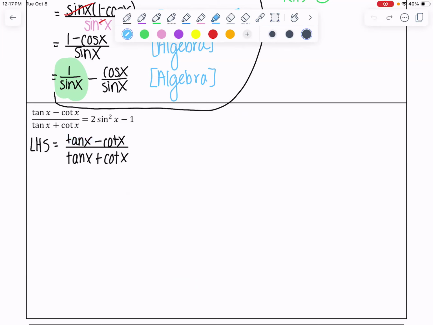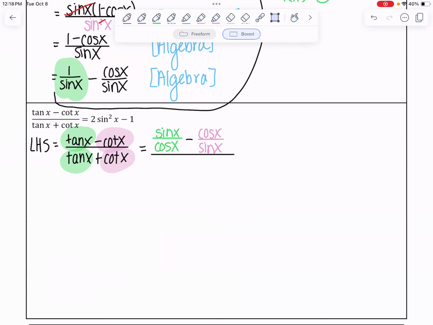So these tangents will turn into sine over cosine. These are cosine over sine. So we have sine x divided by cosine x minus cosine x divided by sine x, divided all by the same thing but with a plus sign.